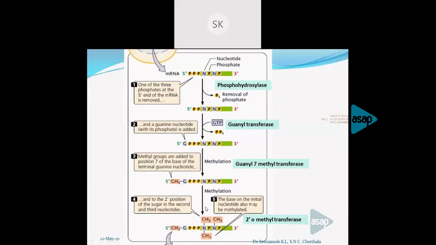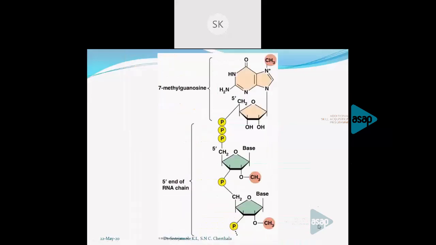After this methylation, another methylation happens on the 2' position of the first and second nucleotides of the mRNA, catalyzed by another enzyme known as 2'O methyl transferase. So this is the process of 5' capping, and this is the nucleotide base after the 5' capping.